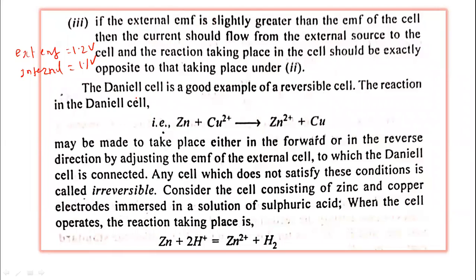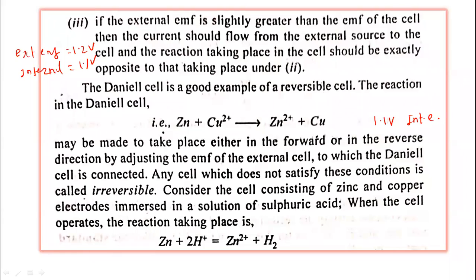We already explained this example. The Daniell cell is a good example to explain the reversible cell. You can see here the reaction of the Daniell cell. This reaction takes place in the Daniell cell. When this reaction takes place, the EMF produced by the cell is 1.1 volt, and this is the internal EMF.